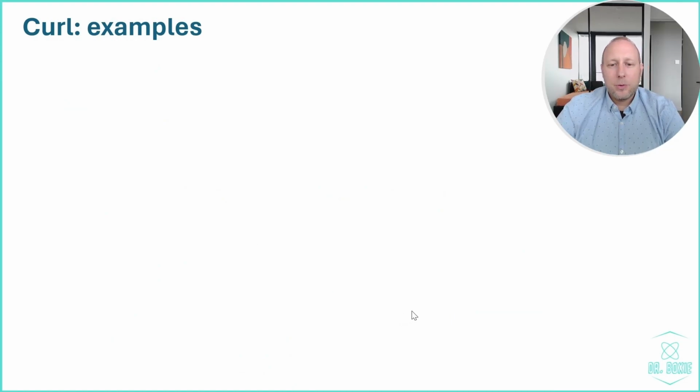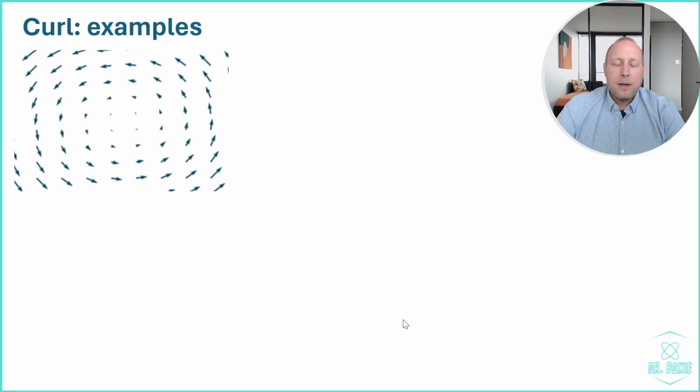Let us look at the two examples we just considered. For the first one, the vector field can be expressed as minus y times x hat plus x times y hat. You just have to plug this into a computer and you will see that if you plot this, you would indeed get this vector field that I just drew here. What is its curl? Well, we saw that for curls we can calculate them using the determinant.